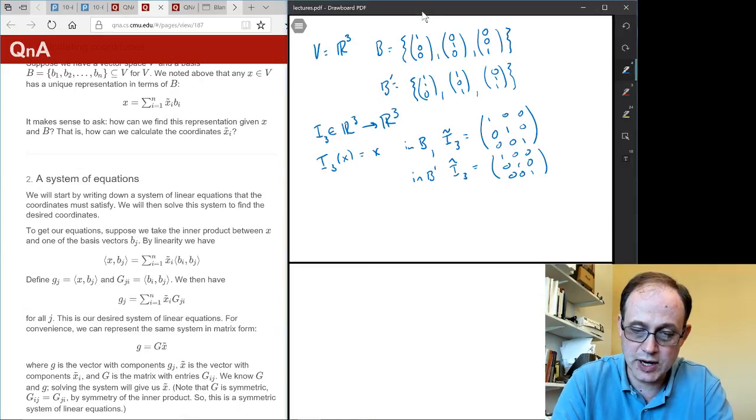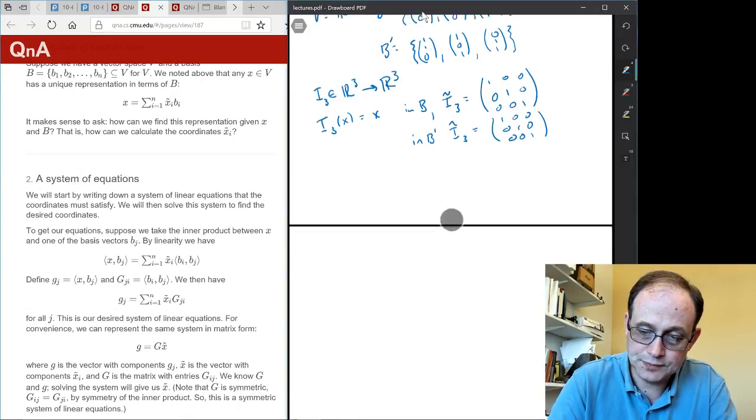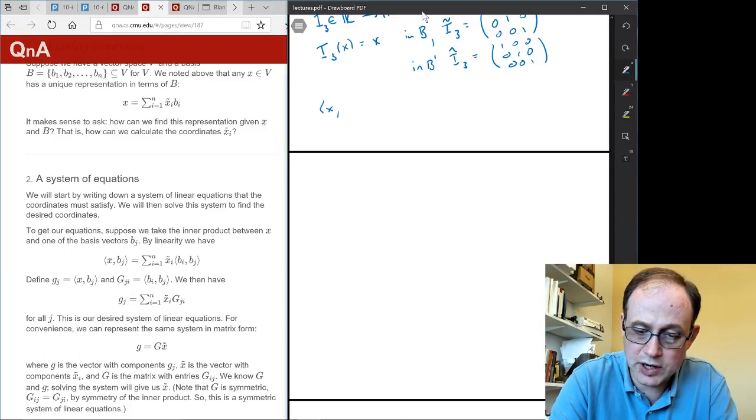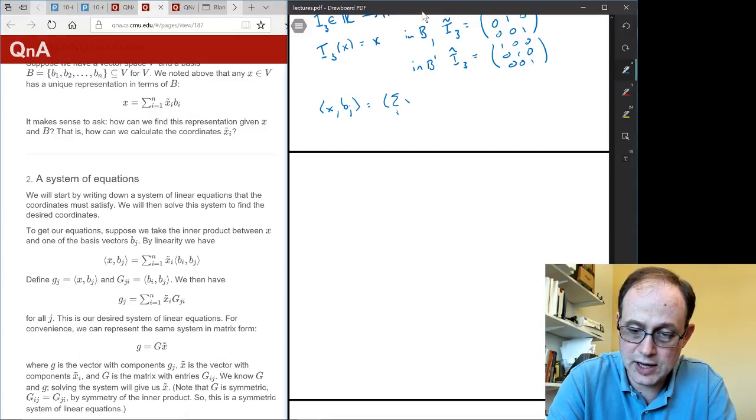So if we write the inner product of x with bj, it is equal to the inner product of the sum over i of x tilde i bi with bj.